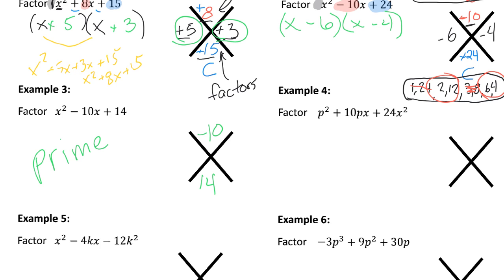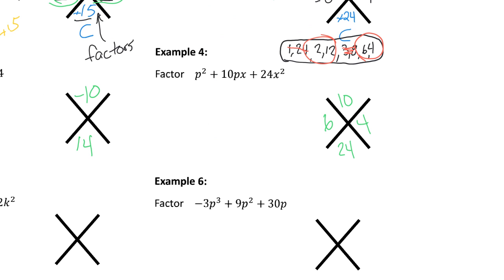So I want you to try example 4. I just want you to fill out the x for me. So fill out the x, and then we can work from there. Okay, so pause and fill out. Okay, so hopefully you have all positives in here. So factors that added to a positive 10 from a positive 24 are 6 and 4.